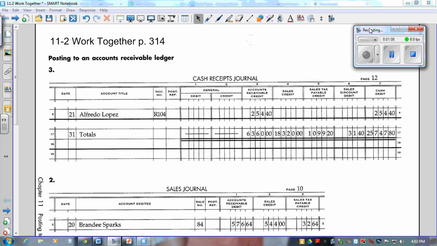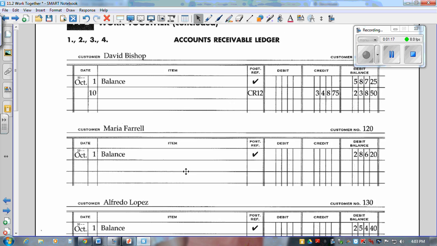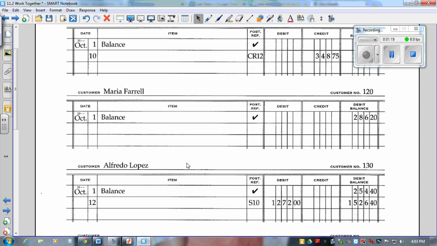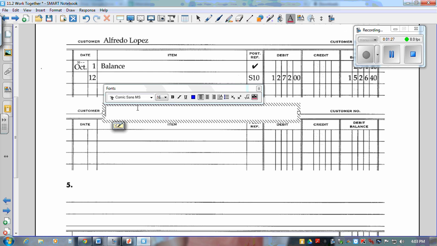So let's break this down. We're looking for an accounts receivable ledger. That is on the next page. Here's our accounts receivable ledger, and we're going to the blank one down here. So you're just going to write in for the customer name, Brandy Sparks.